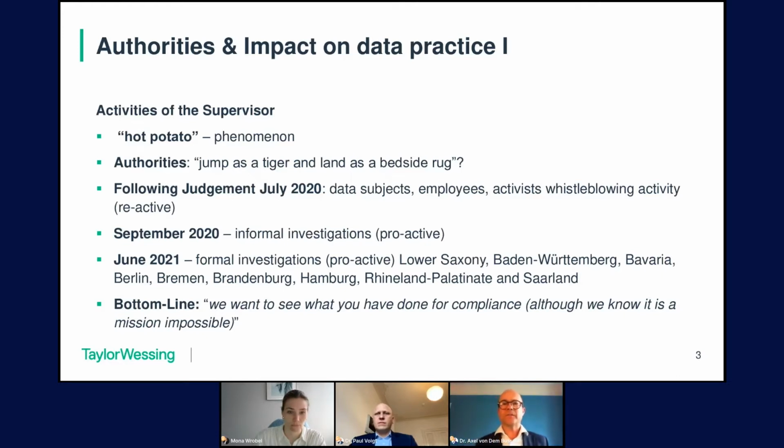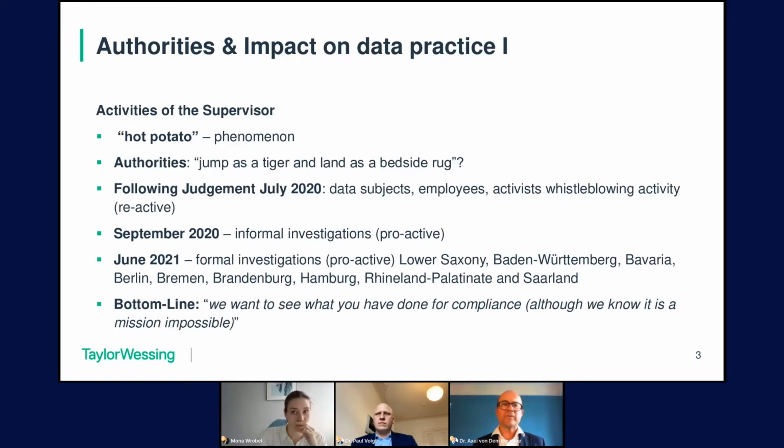And now this hot potato is jumping back and forth. Both data exporters and data importers together have to work on what we call the transfer impact assessment, where Paul will provide a deep dive in a second. That's where we stand. And now, what is the stance of the authorities?